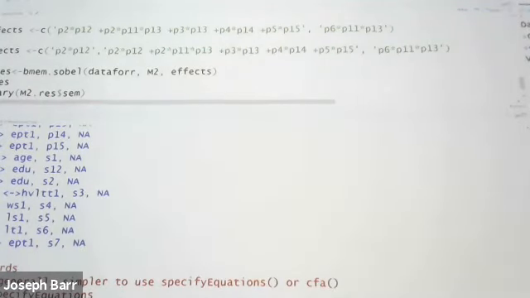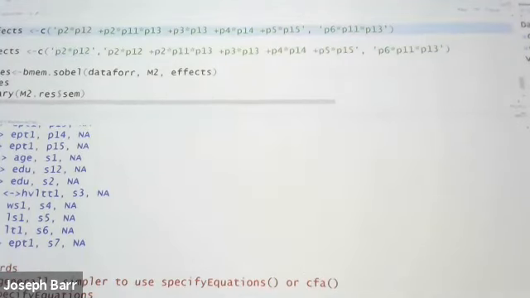Here, I provide you different choices of effects. It's actually very flexible. You can put any kind of effects here. You can check the total mediation effect from age to EPT or some specific mediation effect. You can just change the path here.